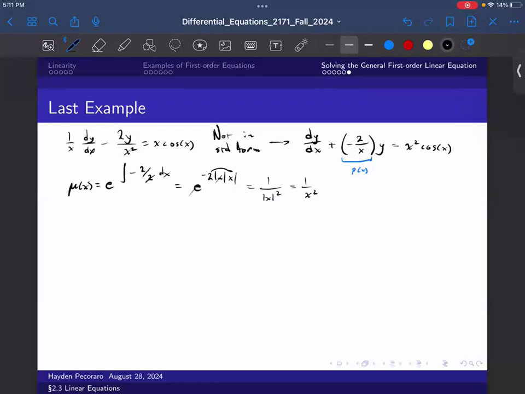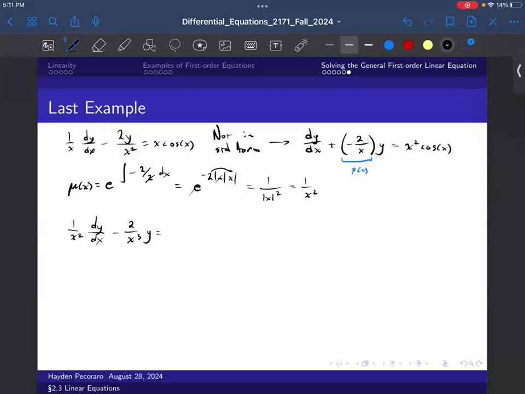Okay, so I multiply through by that, and let's see what happens. I get 1 over x squared times dy dx, minus 2 over x cubed times y, and then, oh, look at that.